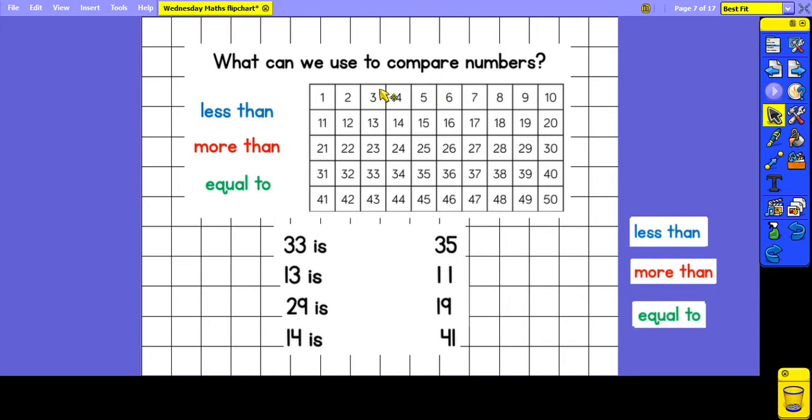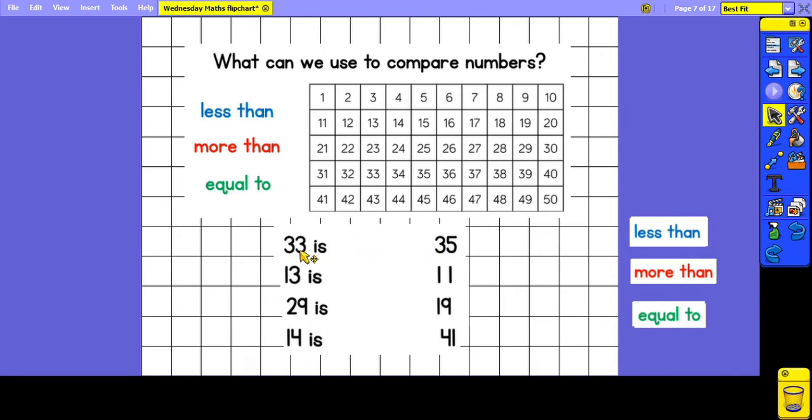And now we're going to be comparing these numbers using the words less than, more than, and equal to. We can use a number square to help us when we are comparing. So here we've got some sentences which are incomplete, and we need to complete them by filling in the correct words.